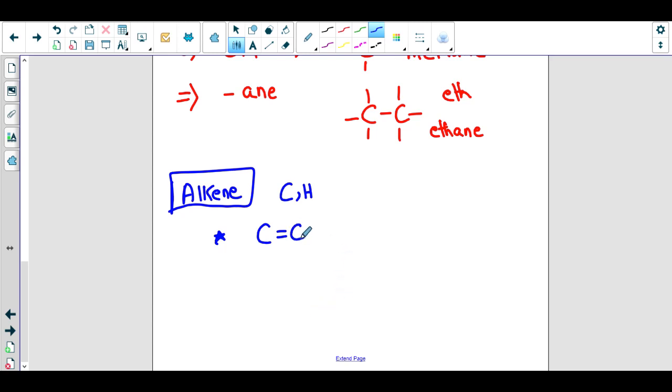If a compound has a carbon-carbon single bond or some other bonds, it cannot be an alkene. For an alkene, it should only have a carbon-carbon double bond, and the remaining should be hydrogens. Alkanes end with "ane", this ends with "ene". The general formula is CnH2n.